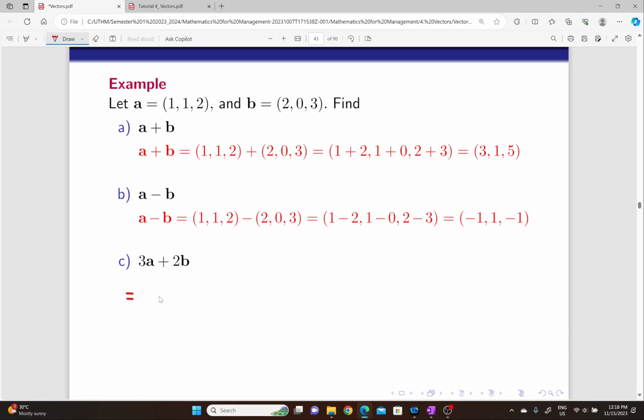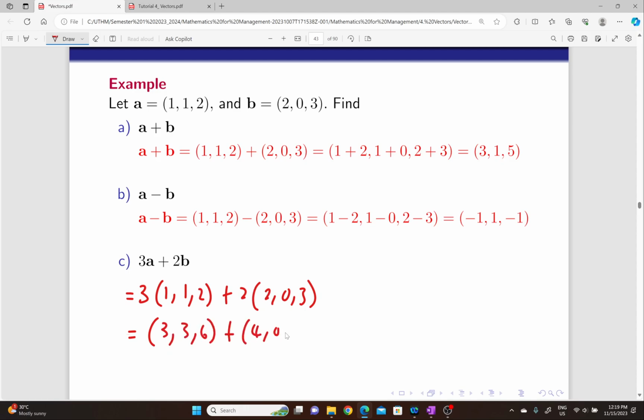Three A, 2 B: multiply 3 inside here, 2 inside here, and then do the normal thing, plus.